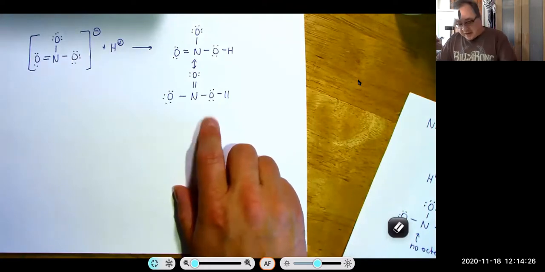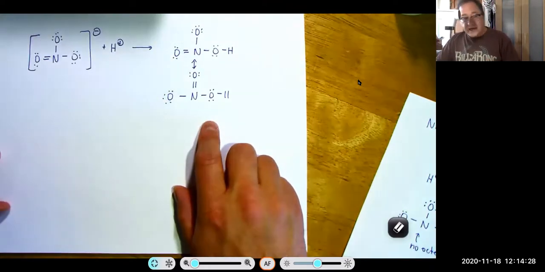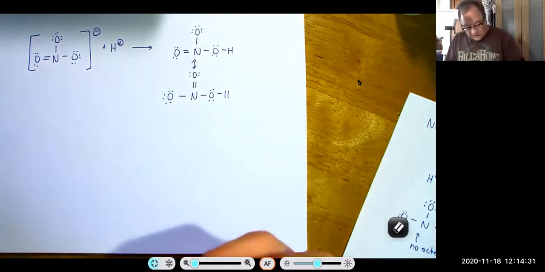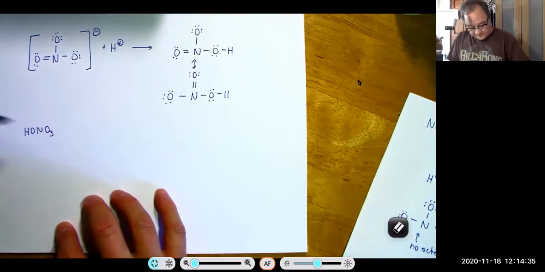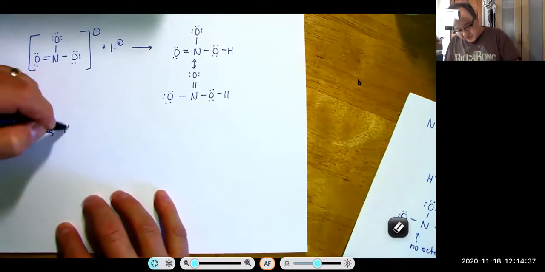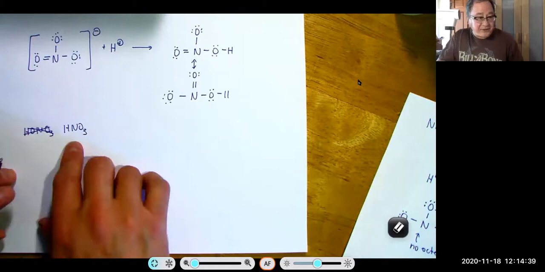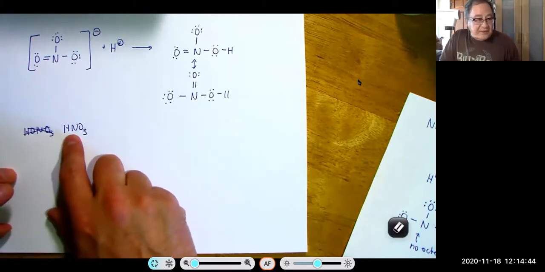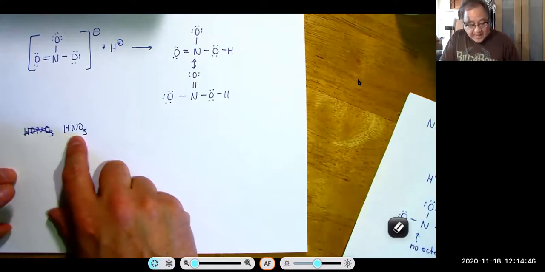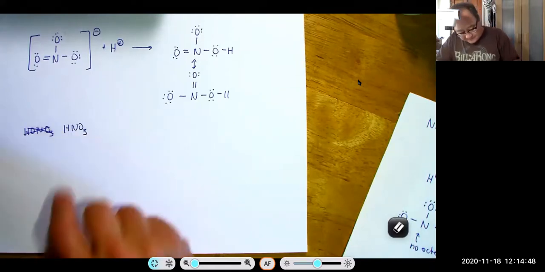So here you're wondering, how did I get here? Well, let me show you how to get here from the raw initial info. So the first thing you have to know is that whenever you see these acids where you have hydrogen plus an element that's not oxygen plus oxygens, that element there is the middle atom.